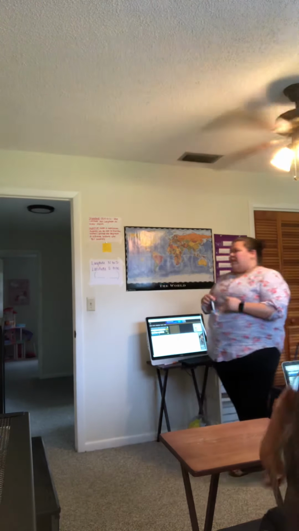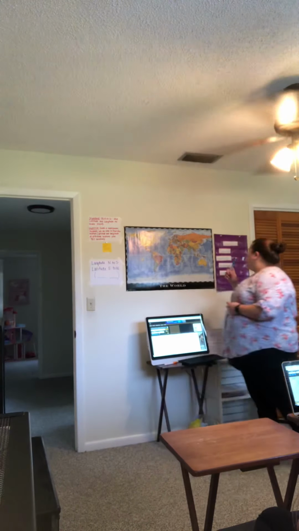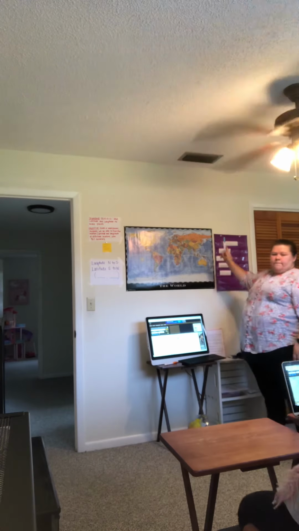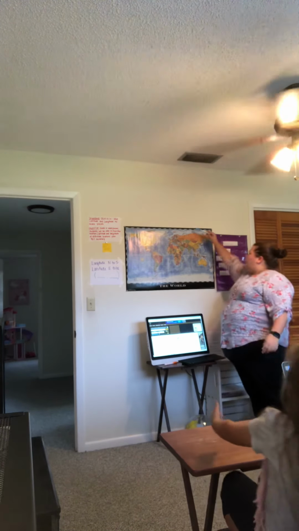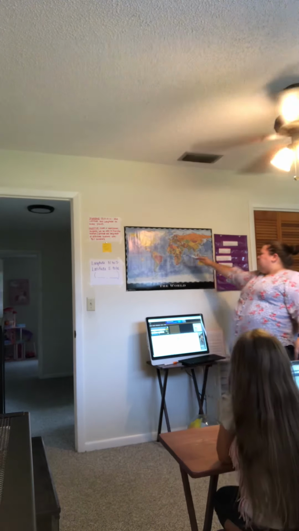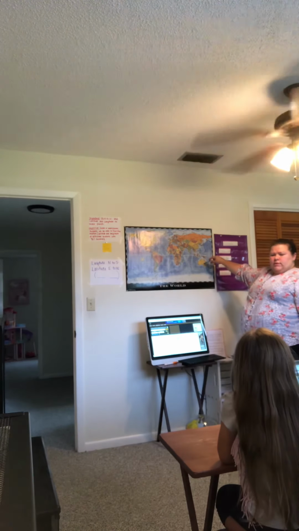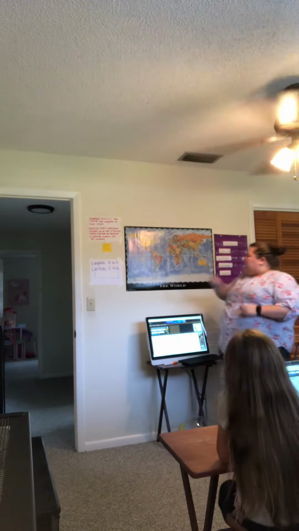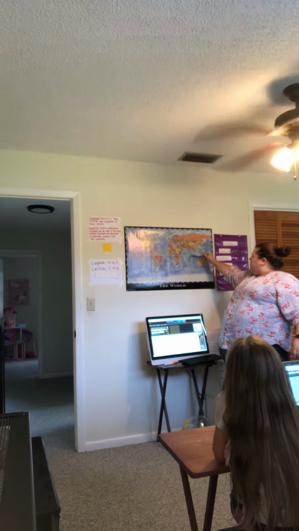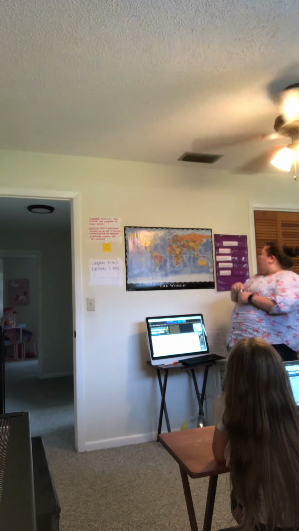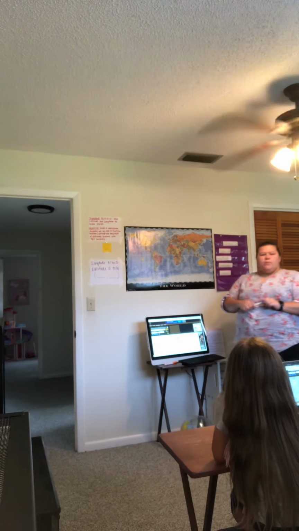Okay, so let's refresh. Where is the equator? Does it go north to south or east to west? East to west. Good, and it's at 0 degrees. You see that line right there? All right, the prime meridian. Where's the prime meridian?